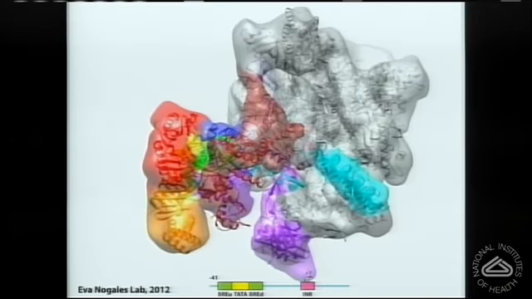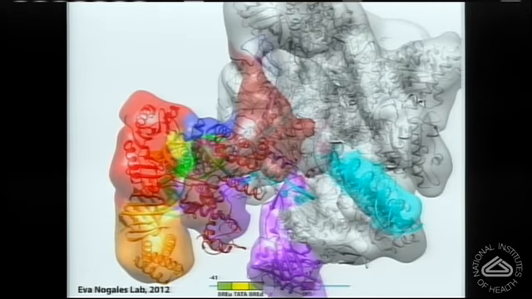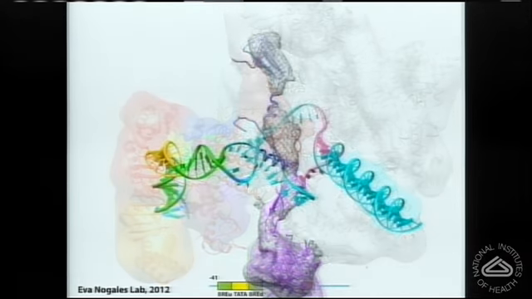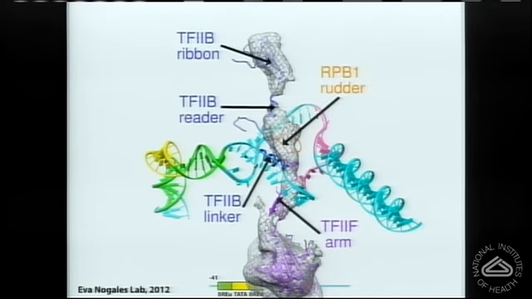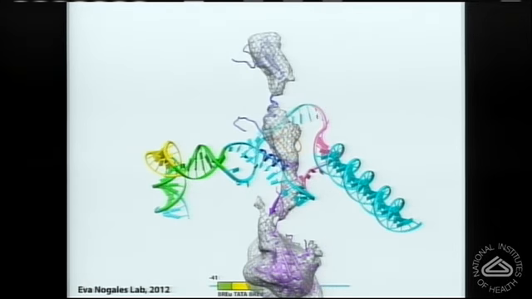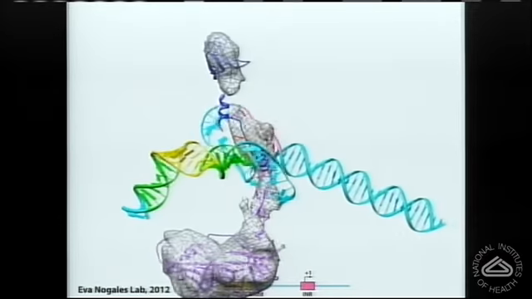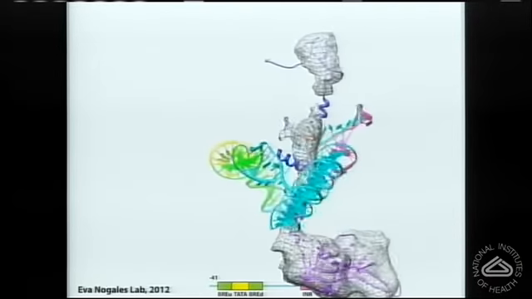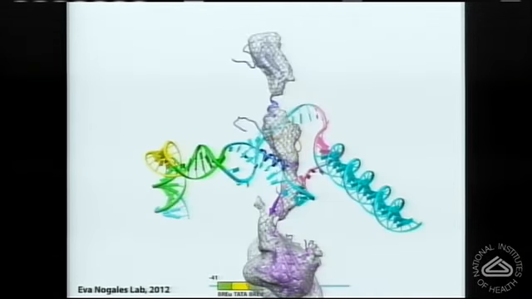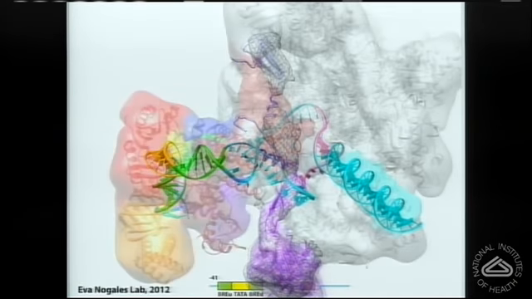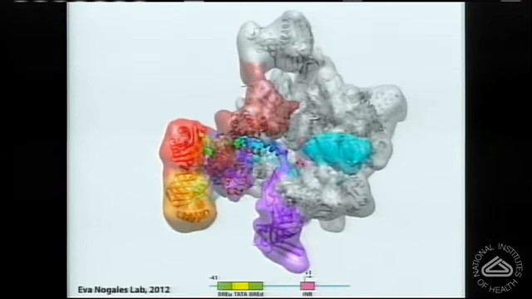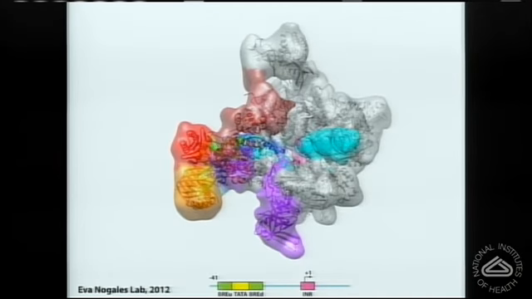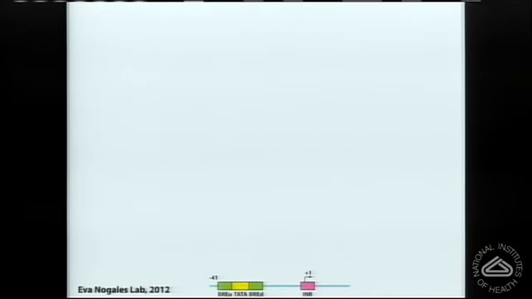In the process of doing that, it does something very interesting: it moves the rudder domain within the clamp head, now making contact with the 2B and 2F regions that before were disordered, and generating a change of protein density that is placed right in the middle of the DNA bubble, we think precluding the rehybridization of the DNA before transcription is really on its way. All right.